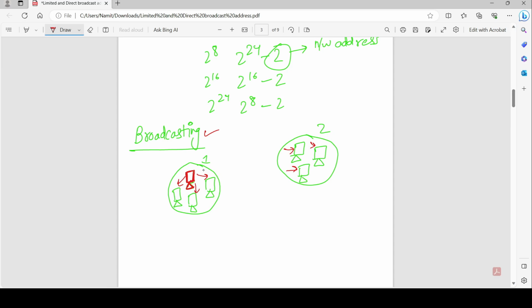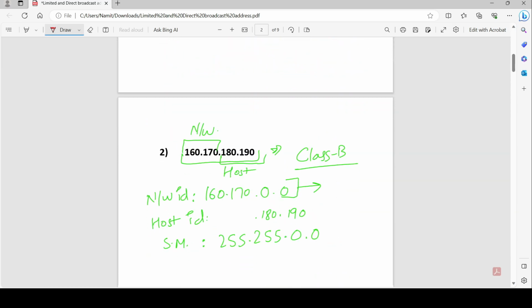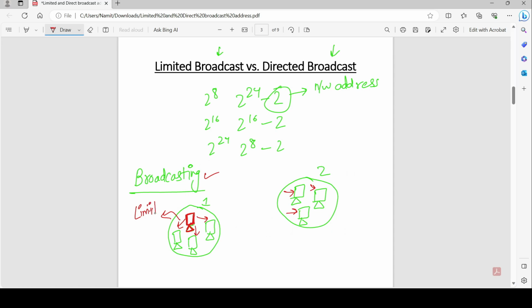So when a host wishes to communicate with all the devices of its own network, the process is known as limited broadcasting. Got it?